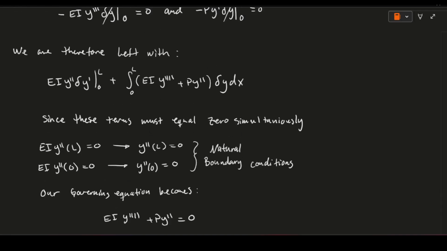That's because of the fundamental lemma of calculus of variations that says that this must equal 0, since del y is arbitrary.